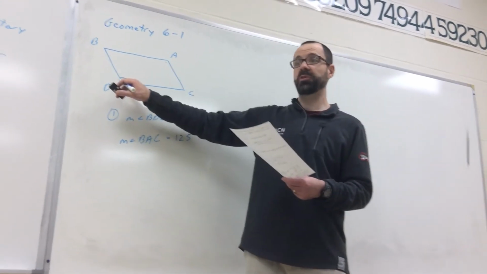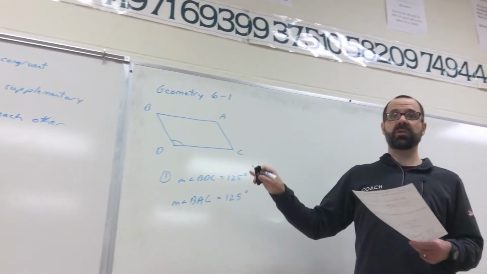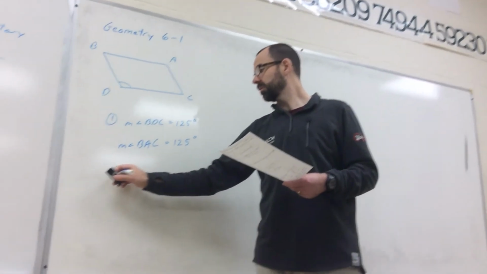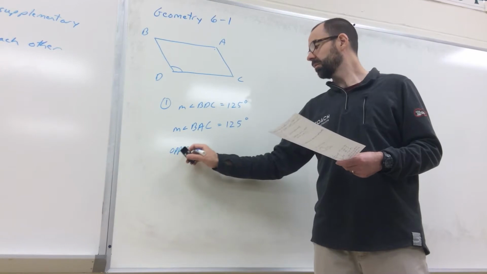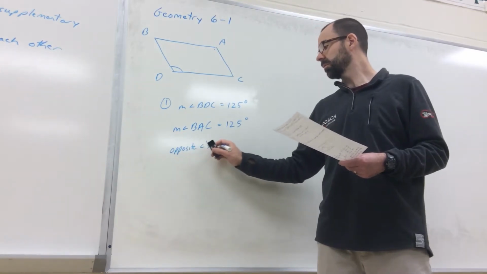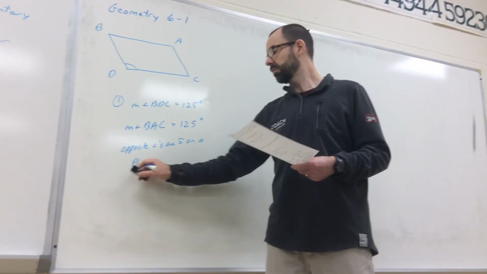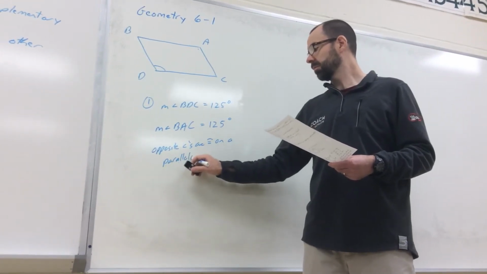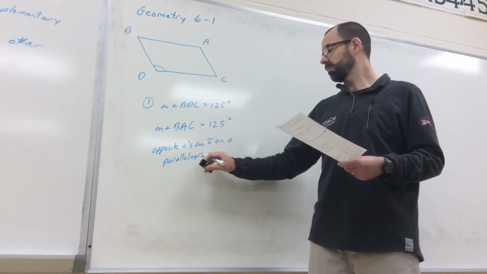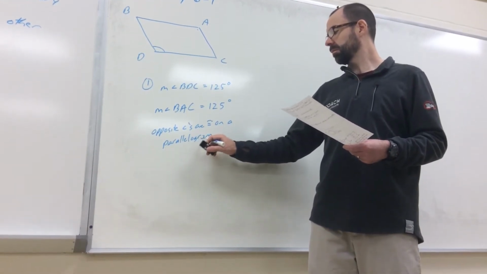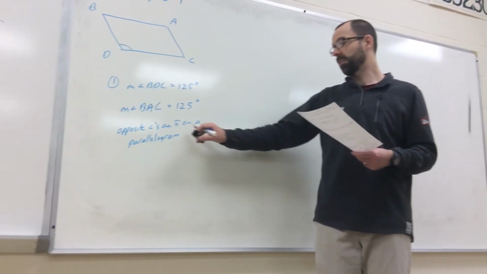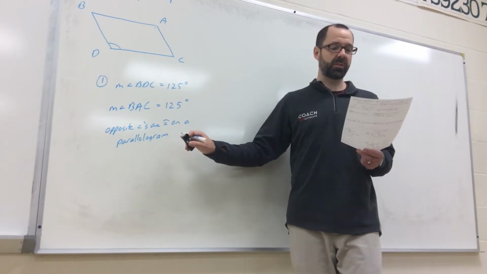So since this one was 125, that one's 125 also. Opposite angles are congruent on a parallelogram.